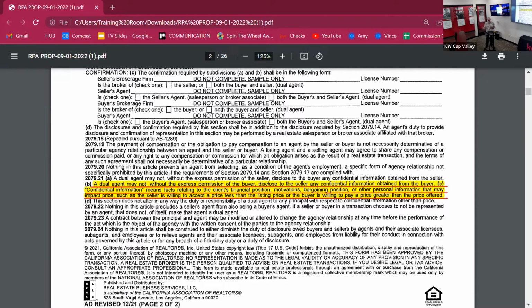So you gotta really, really be careful what you say when you have dual agency, because it's very easy to violate your fiduciary duty. And fact of the matter is, dual agency situations are one of the main reasons for lawsuits by clients.